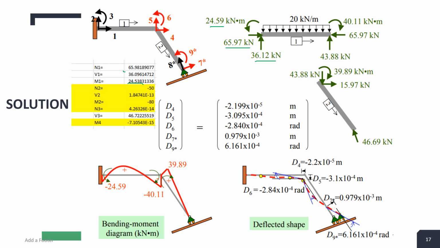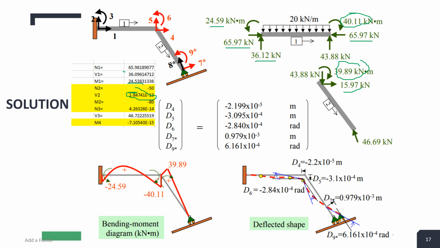You might not see it here, but if you add 65 and negative 15, that gives you negative 50, right? V2 is a small value, like we say, should be 0, so close to 0. M2 is negative 80, so negative 40.11 and negative 39 should give you negative 80.